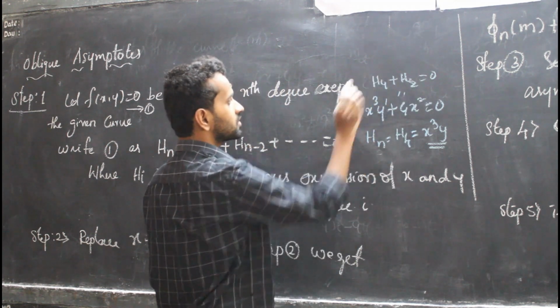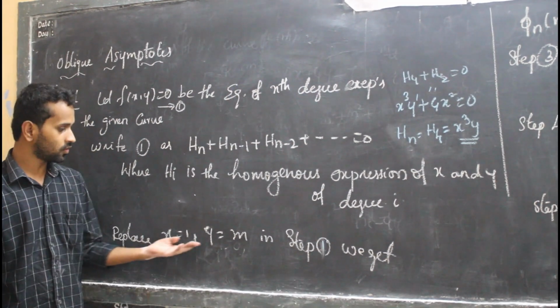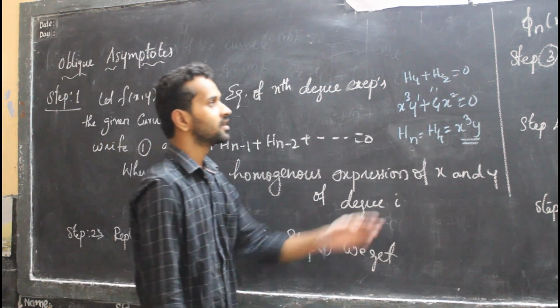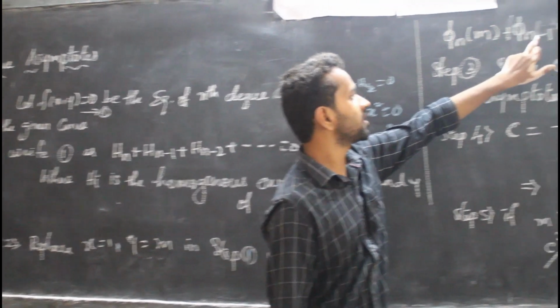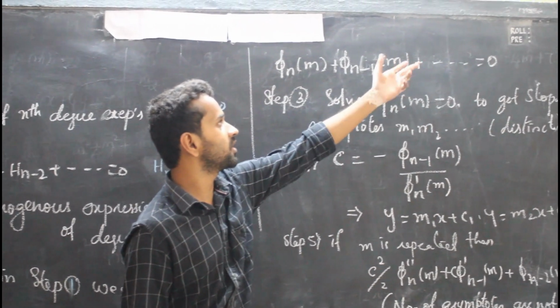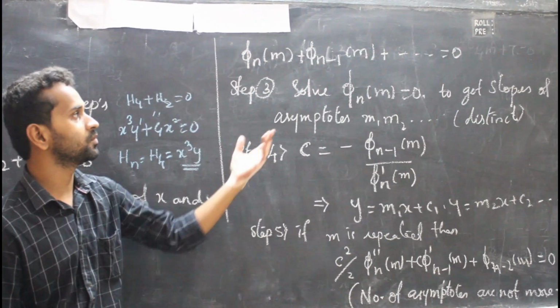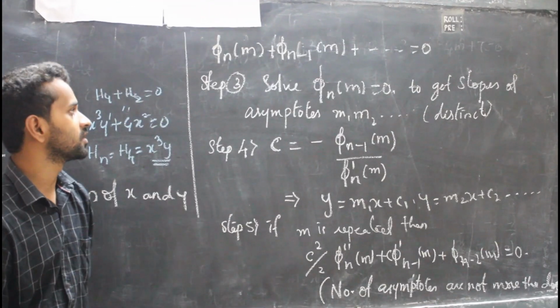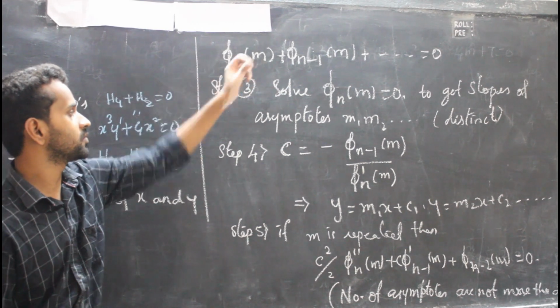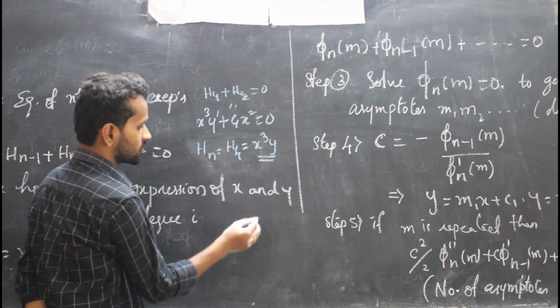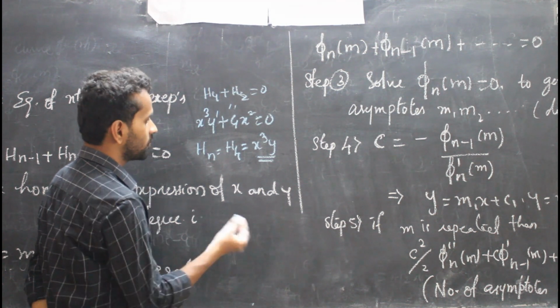Now, what we need to do is put x equal to 1 and y equal to m, and place it in step number 1. We get phi n of m plus phi n-1 of m plus phi n-2 of m and so on equal to 0. So what is this phi n of m? For example, in this equation I am considering, I am replacing x with 1 and y with m.